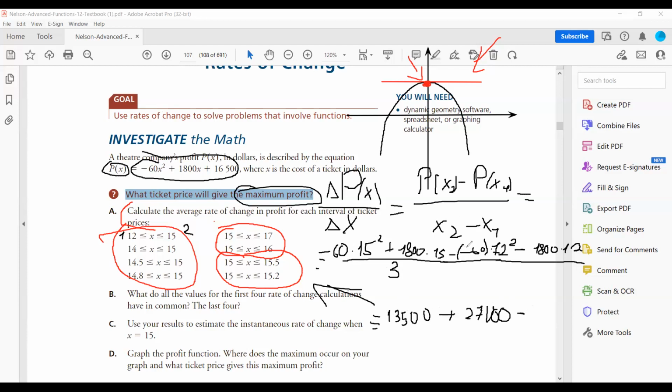So minus negative 60 would give me plus, right? So plus 60 times 12 squared, which is 144. So 60 times 144 would give us 8,640. And finally, subtract 1,800 times 12.